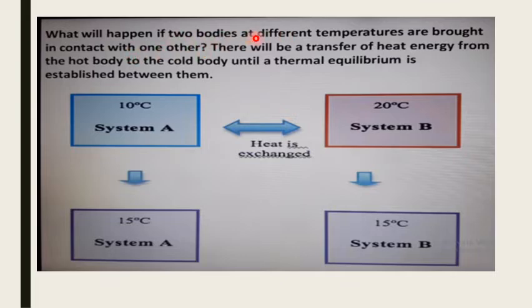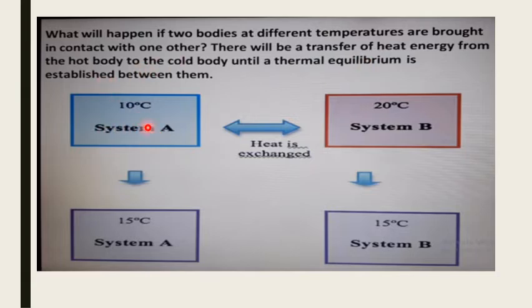Two bodies we take at different temperature, and when we place them next to each other, there will be a transfer of heat energy from hot body to the cold body. Heat energy is transferred until a thermal equilibrium is established between them. Until both become equal, what is happening?